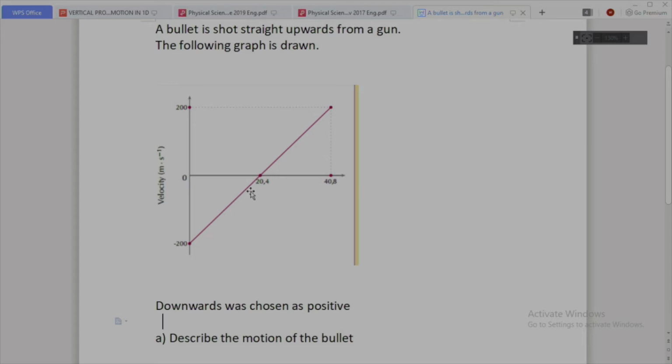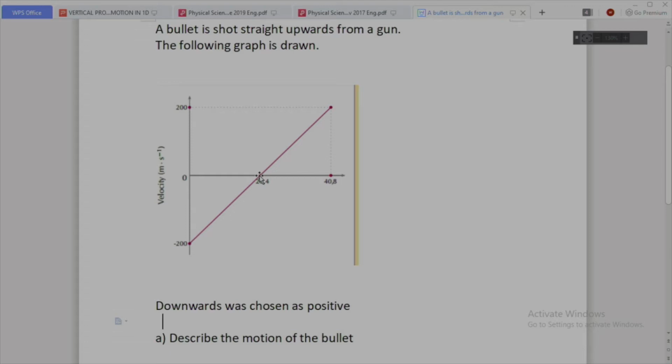Up until 20.4 seconds. Can you see from 20.4 seconds, your velocity is 0, because you can see here it lies on 0 meters per second. That's where the bullet stops momentarily before it does what?